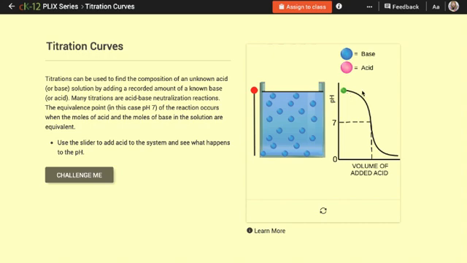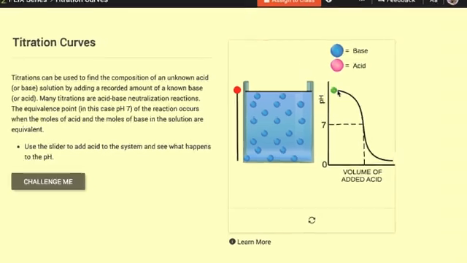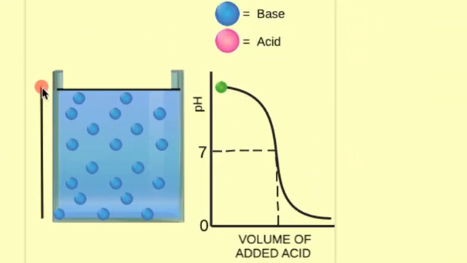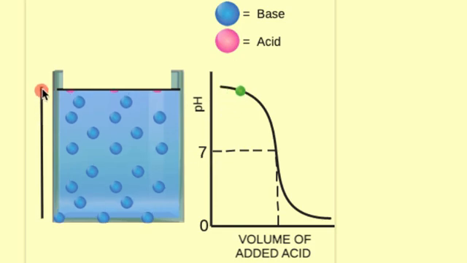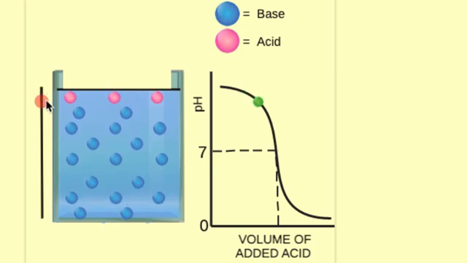It's often also what we call the inflection point of the graph, the point where the pH rapidly changes. Notice this green dot represents the pH of the solution, and as I drag this red dot down, it will represent titrating or adding some more acid to the solution. So I'm adding acid. We can see some acid particles appearing at the top.